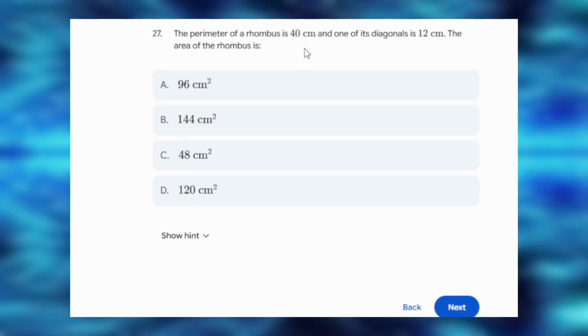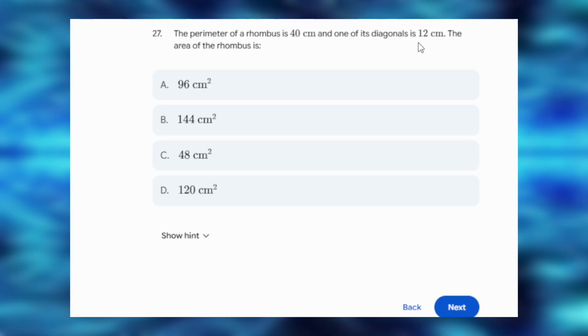The perimeter of the rhombus is 40 centimeters. Then the side of the rhombus is 10 centimeters. One of its diagonals is 12 centimeters. In a rhombus, diagonals perpendicular bisect each other. Then it divides into 4 right angle triangles. Here one right angle triangle has hypotenuse 10 centimeters.